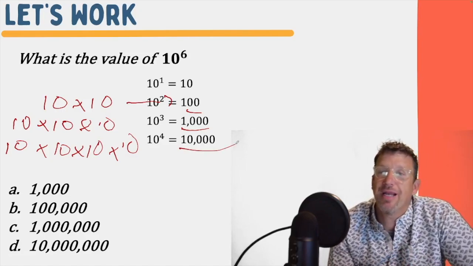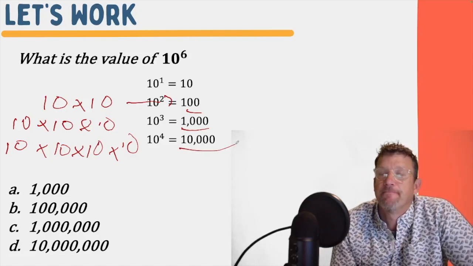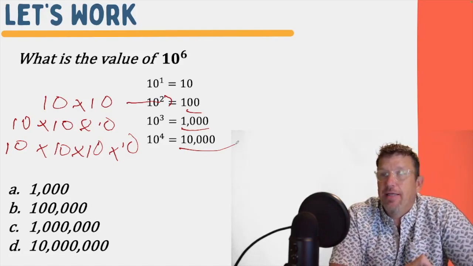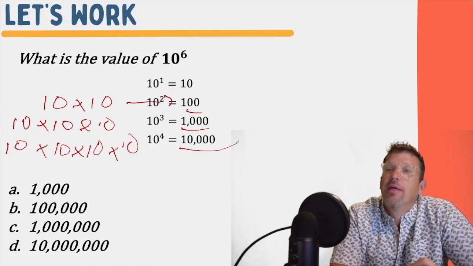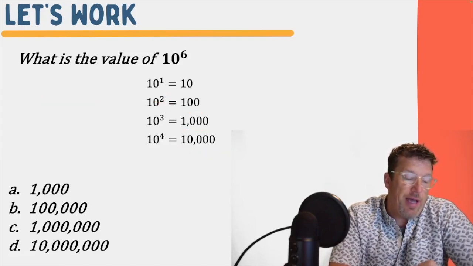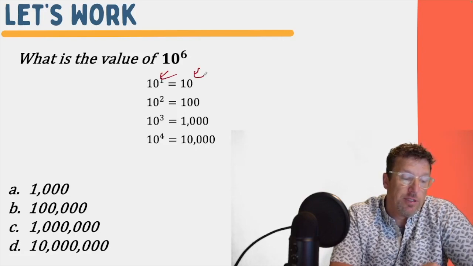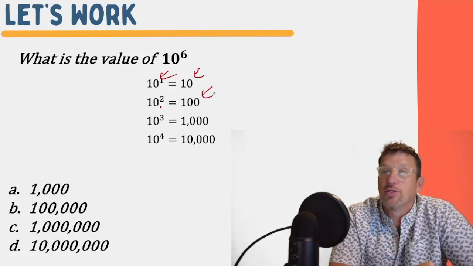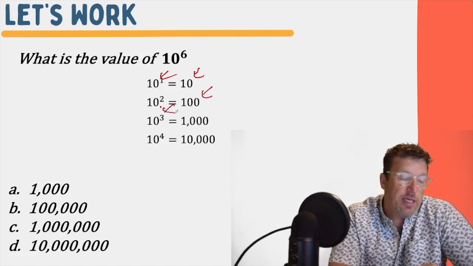Remember at the beginning I told you we're looking at patterns? Look at those answers with base 10 and see if you can see a pattern developing. If you saw a pattern, 10 to the 1st equals 10. 10 to the 2nd equals 100, and there are 2 zeros. 10 to the 3rd equals 1,000, and there are 3 zeros.